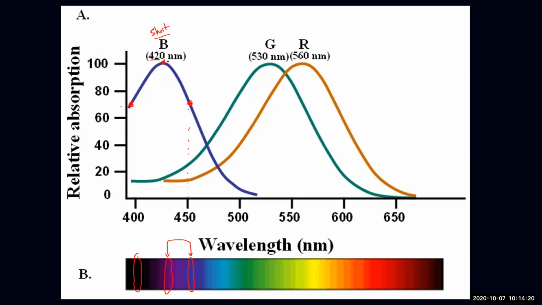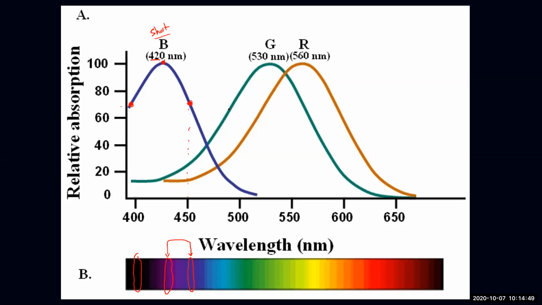So individual cones have a peak response. They respond best to a specific wavelength. However, they respond to many wavelengths. Look at this. We go all the way from 450 to say 600, 650. So we do have a response to light of a broad spectrum of wavelengths.